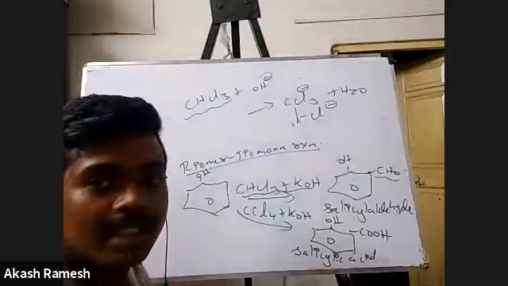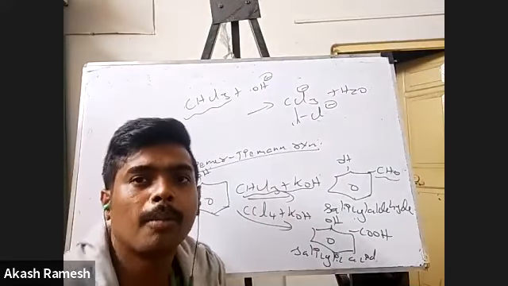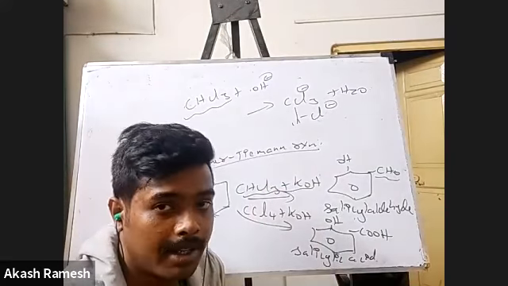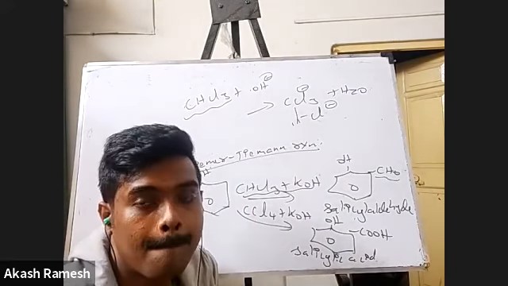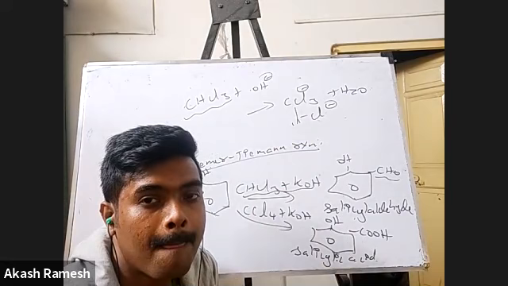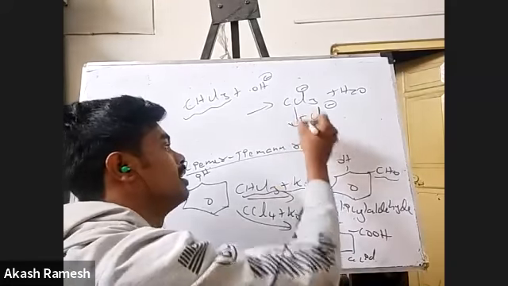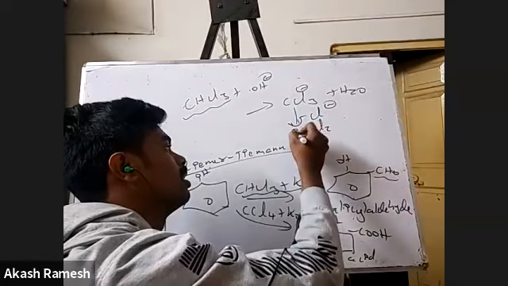If I remove the Cl minus, tell me what I'm going to form. From CCl3 minus, if I remove Cl minus, what will I form? Dichlorocarbene, absolutely true. So you will be forming CCl2 with a double dot.